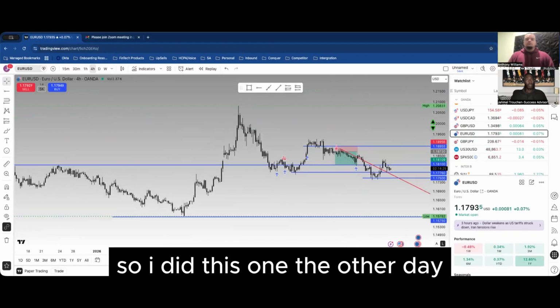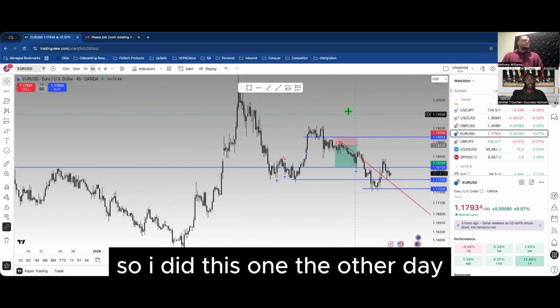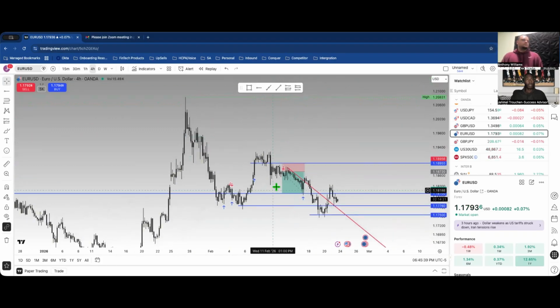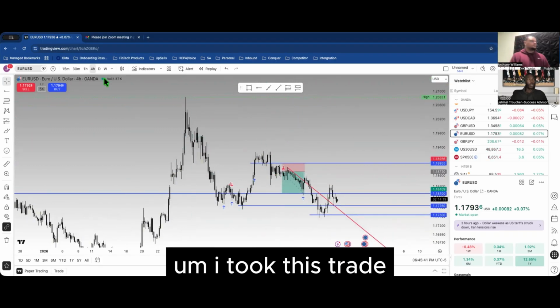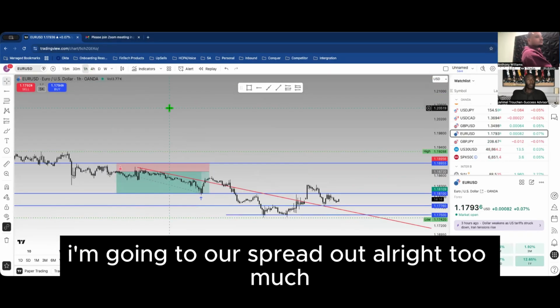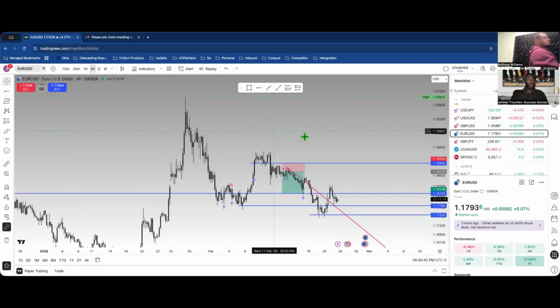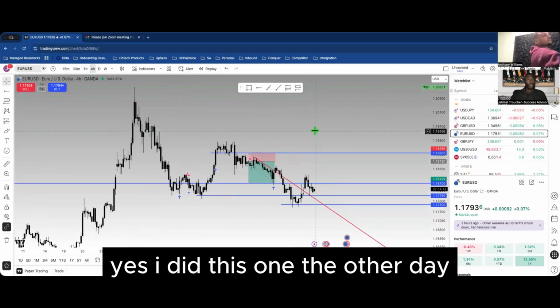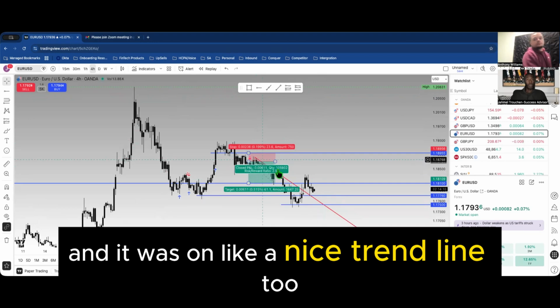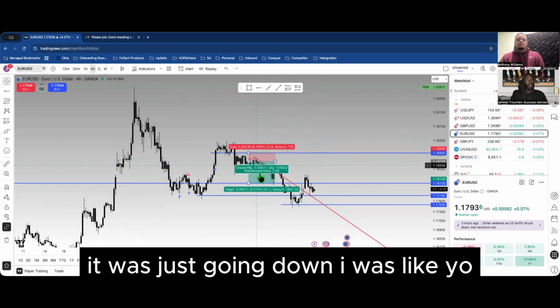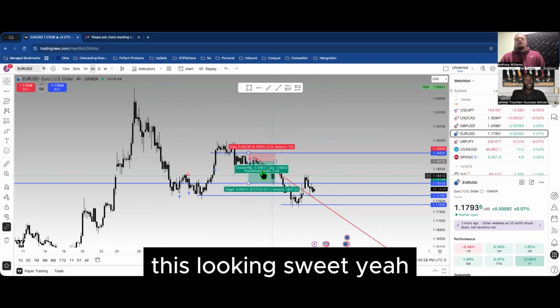So I did this one the other day. Yeah, I took this trade. Let me go on the hour. Yeah, it was on a nice trend line too. It was just going down. I was like, yo, this is looking sweet.